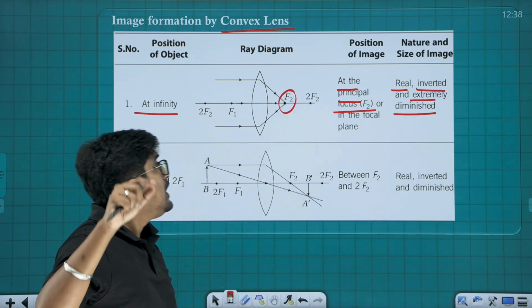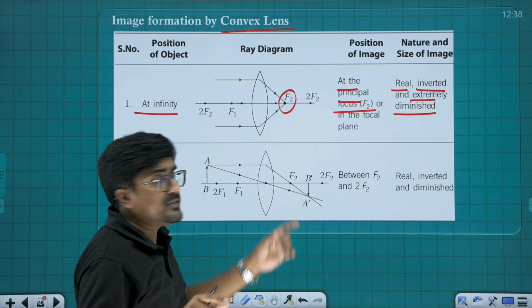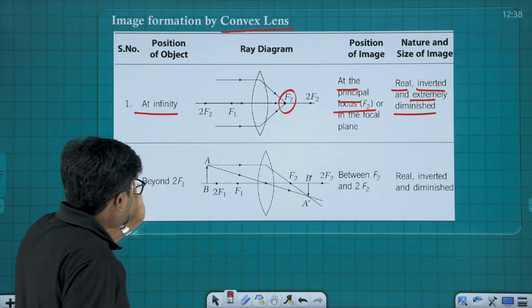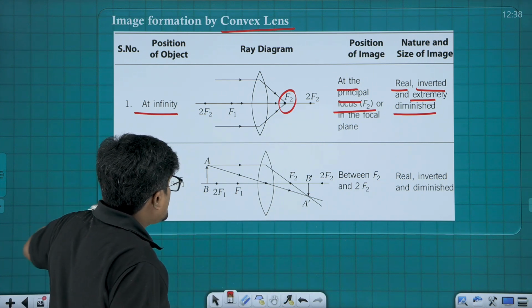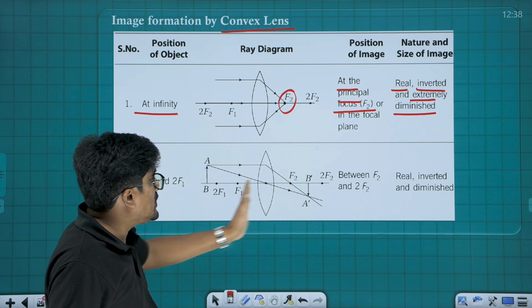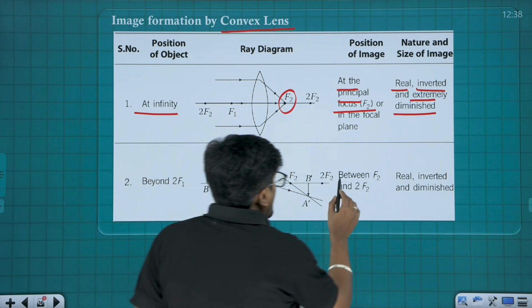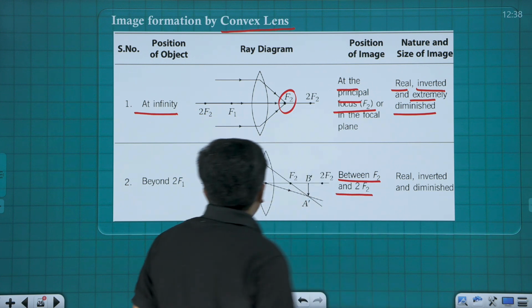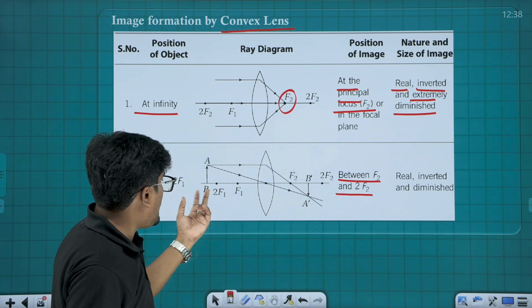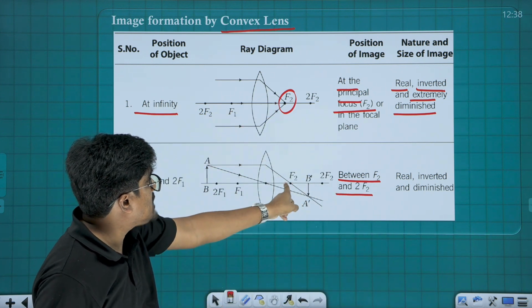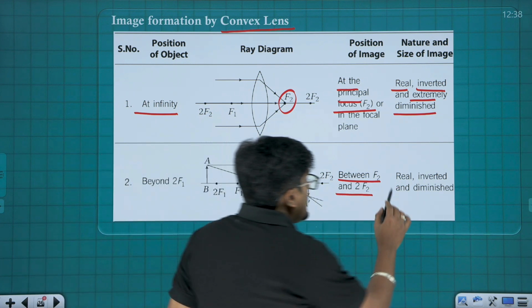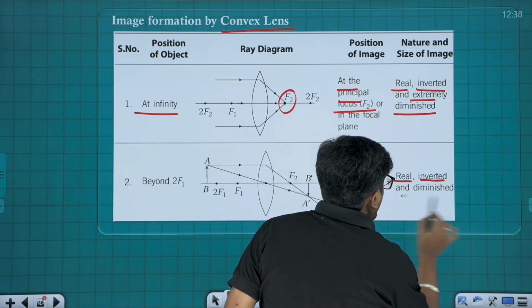If the object moves forward from infinity, the image will move backward, between f2 and 2f2. The image formed is real and inverted.